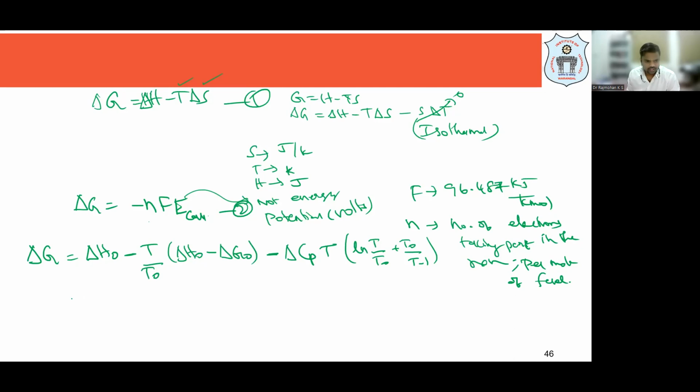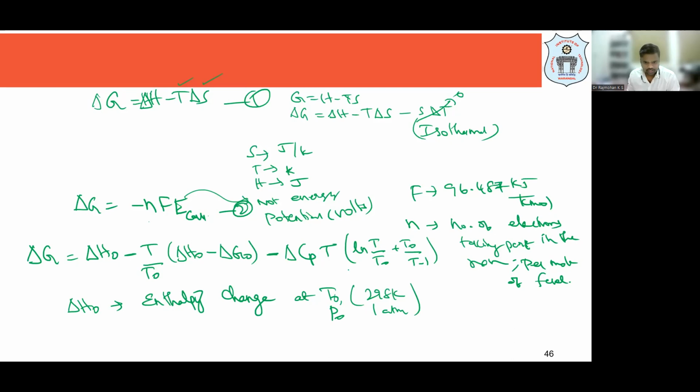Where delta H naught is the enthalpy change at T naught. What is the T naught? That is 298 Kelvin, temperature and pressure is 1 atmosphere. P naught, T naught is the standard conditions.